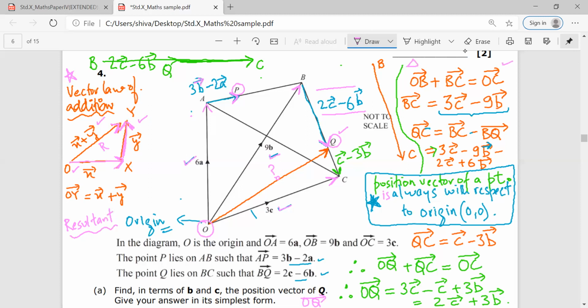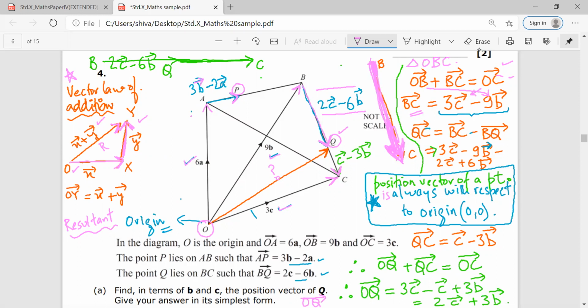So I'll find the value of BC, which is pointing in this direction. The direction of BC would be OC minus OB. Any confusion about this? No, sir. Therefore, BC is 3C minus 9B. Any doubt about this? No, sir.